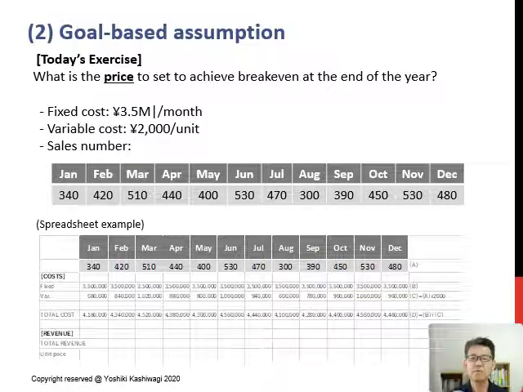And then you can calculate the minimum revenue to meet zero profits, and then you can calculate the unit price because you know how many products you sold each month. So the goal is just the minimum price. You have to assume what is the minimum price you have to use for your assumption, even if you assume zero profits.